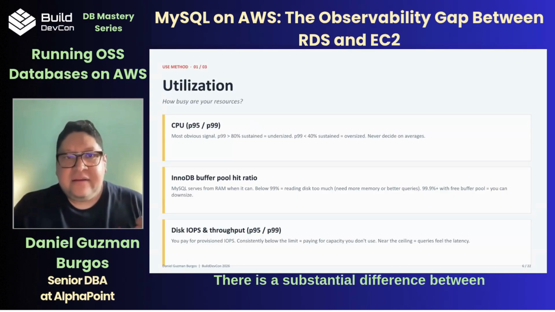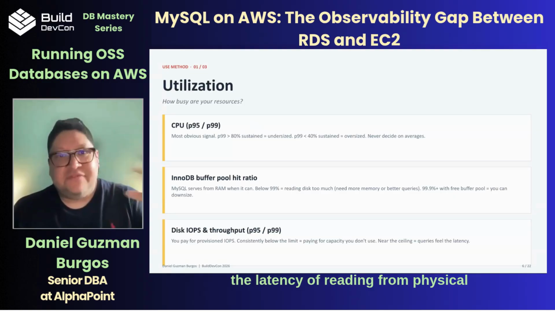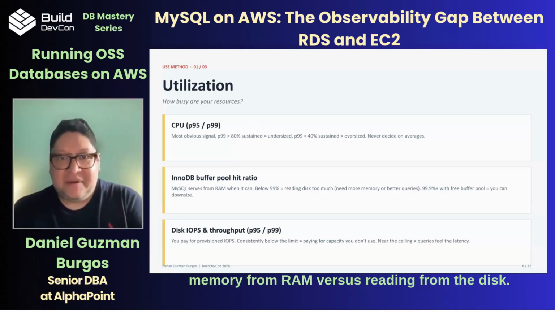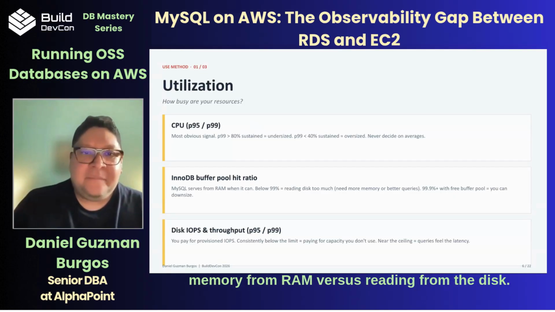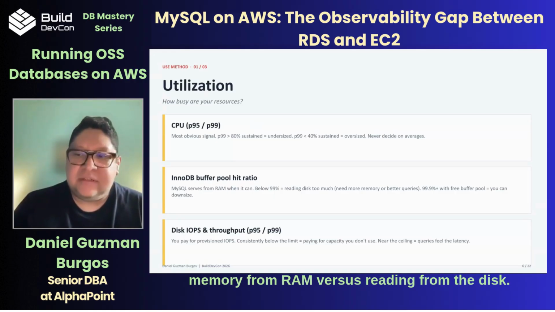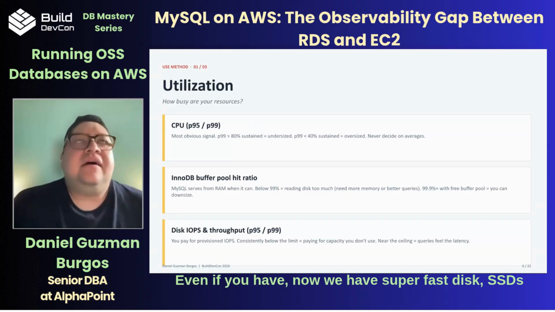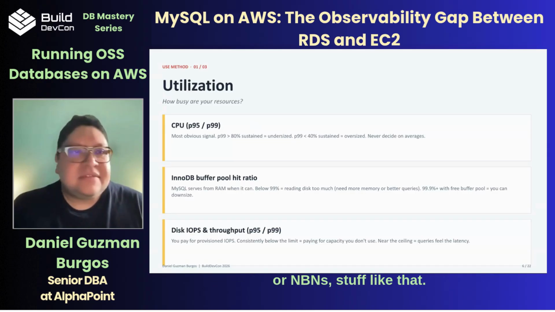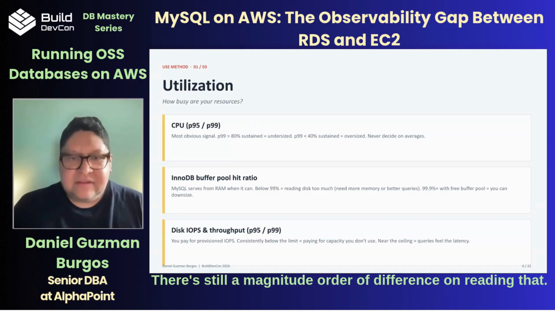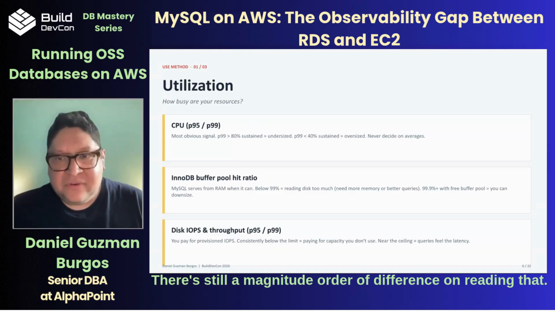There is a substantial difference between the latency of reading from physical memory, from RAM, versus reading from the disk. Even now that we have super fast disks, SSDs, or NVMe stuff like that, there's still an order of magnitude difference in reading that.